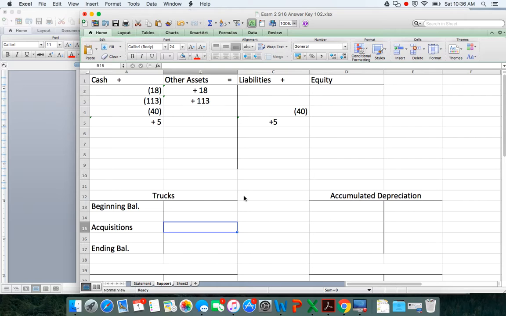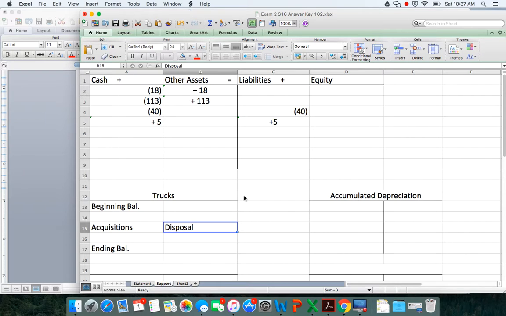Now, if I think about when that trucks account would decrease, the only time that trucks or any of these long-term plant asset accounts, whether it be trucks, land, vehicle, building, go down is when we dispose of these assets. So I'll say disposal over here. That's going to make this account go down.